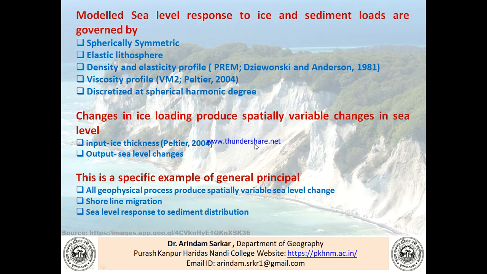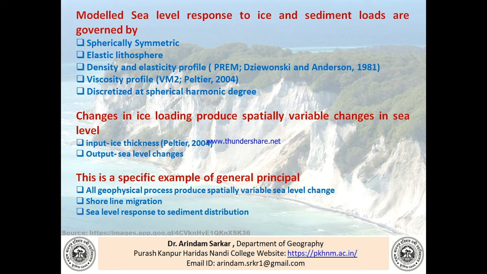Now, the model sea level response to ice and sediment loads is governed by what factors? The factors are the spherically symmetric elastic lithosphere, density and elasticity profile, viscosity profile, and discretization at spherical harmonic degree.